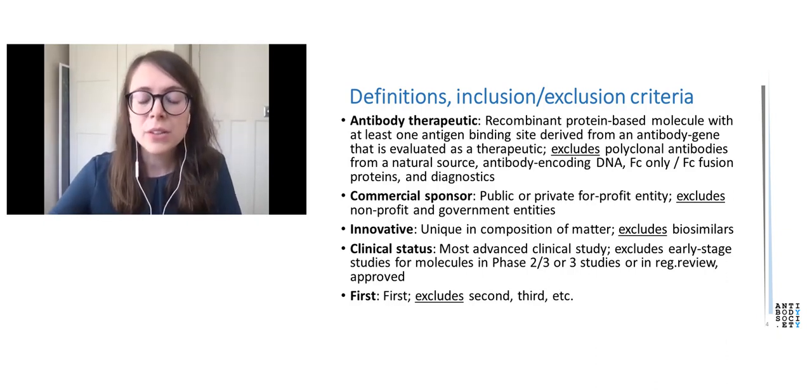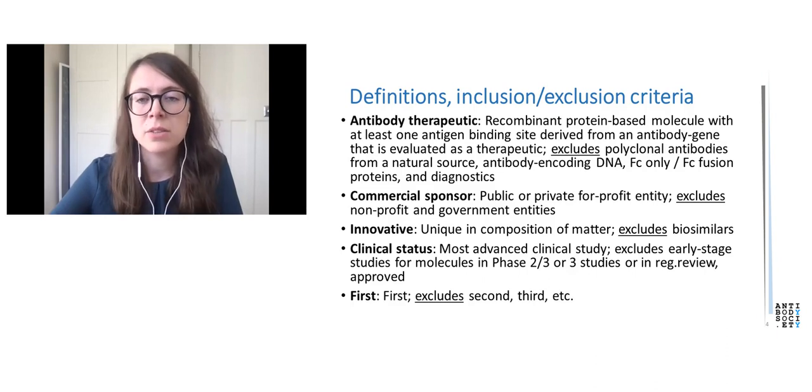Definitions. I'd like to provide some definitions because this gives me the opportunity to talk to you about our inclusion and exclusion criteria. Specifically to us, an antibody therapeutic is a recombinant protein-based molecule which has at least one antigen binding site that is derived from an antibody gene and that is evaluated as a therapeutic.